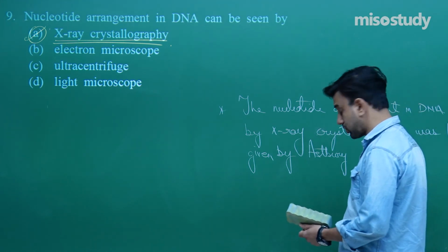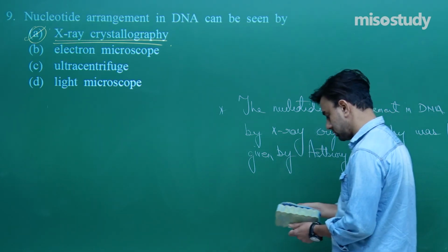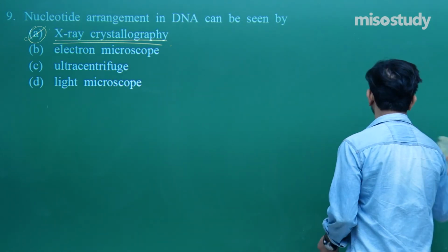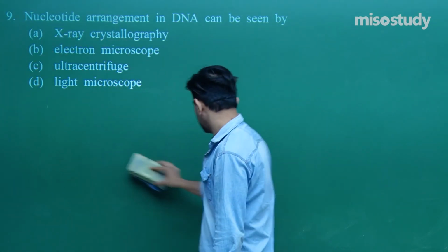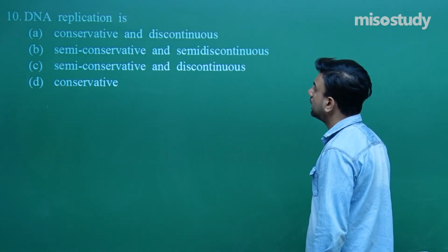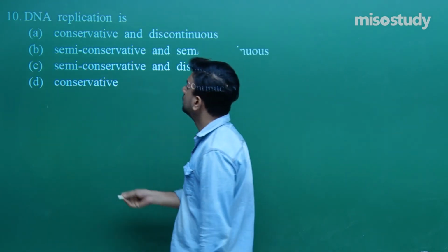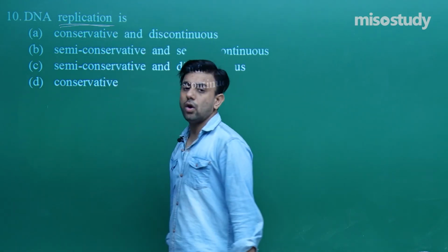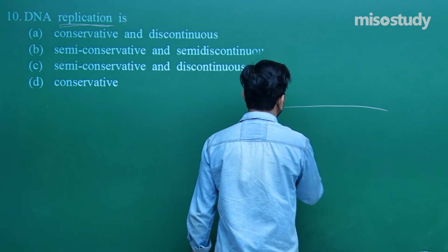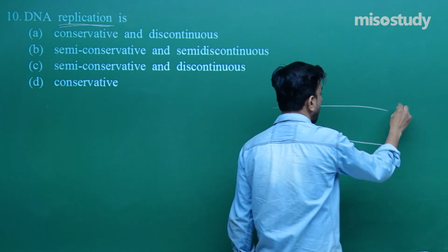Now, we will talk about the last question. DNA replication is what? DNA always replicates in what way? We all know DNA is double stranded.